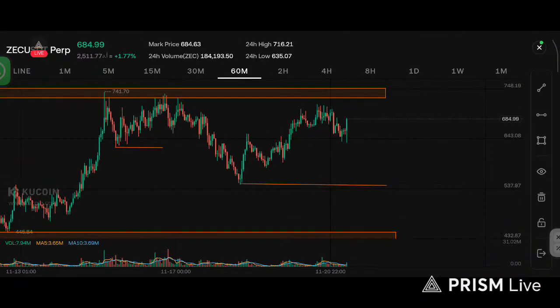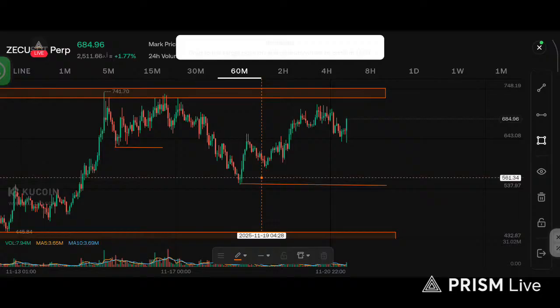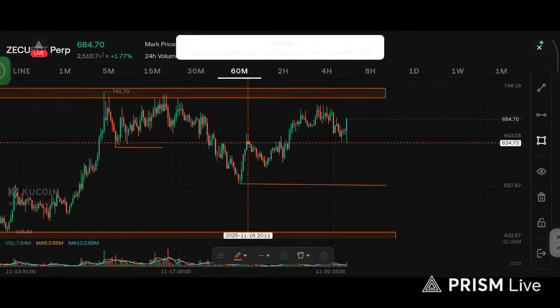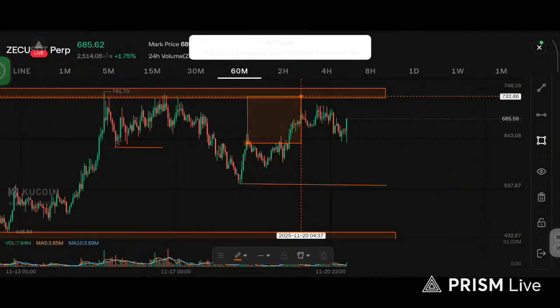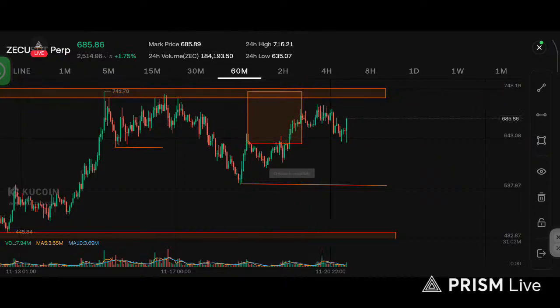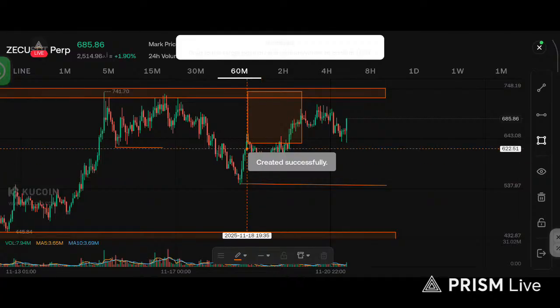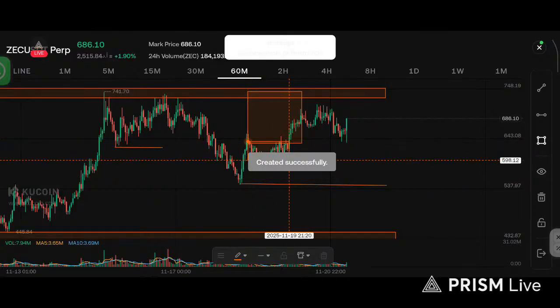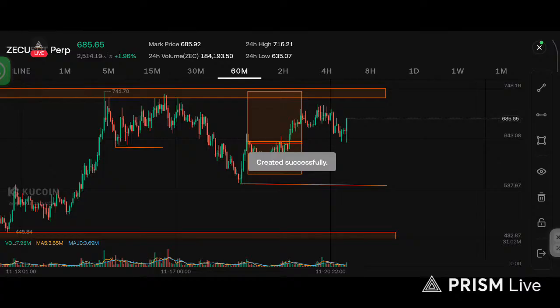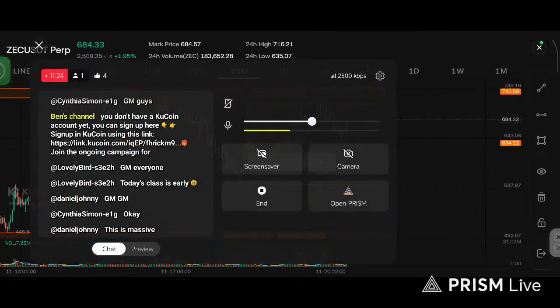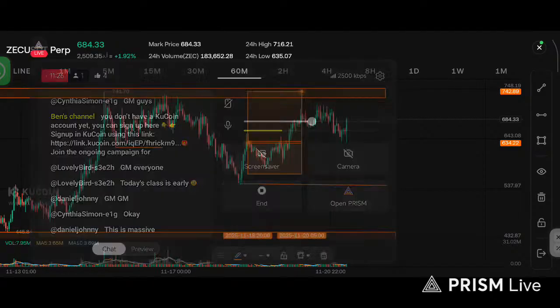Now, in my order, if you enter this trade from here, from this position to here, and you take your stop loss just below here, you see, that will still be a great profit for you, right? This would have still been a great profit for you.